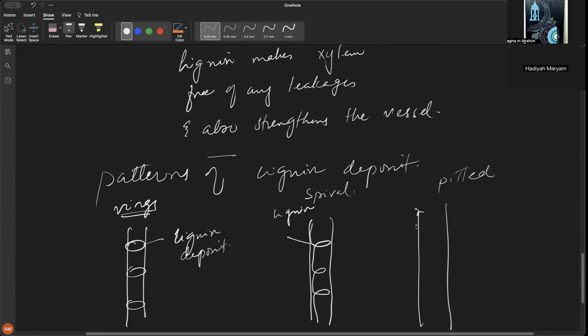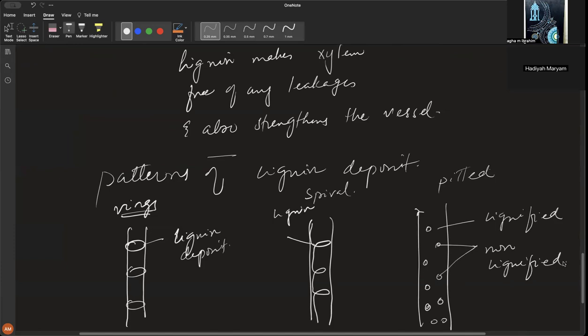The whole of it is going to be lignified except for these regions. All of this is lignified, but these regions are non-lignified.